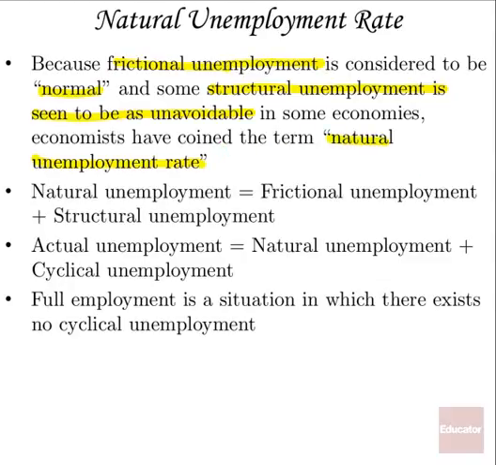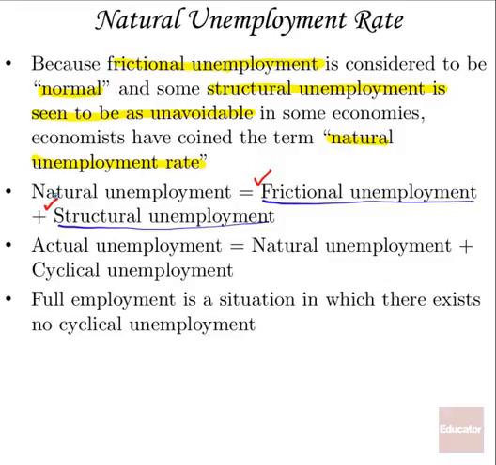So what is this natural unemployment rate? Natural unemployment is the frictional unemployment plus the structural. Easy to remember. The natural is the frictional plus structural. So anything beyond that is greater than the natural.